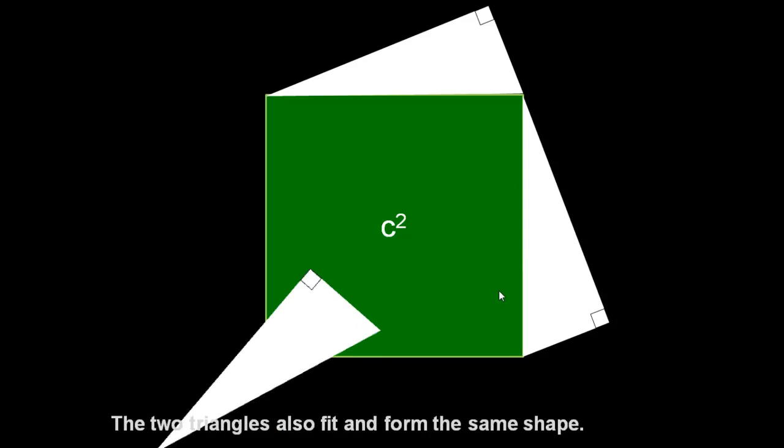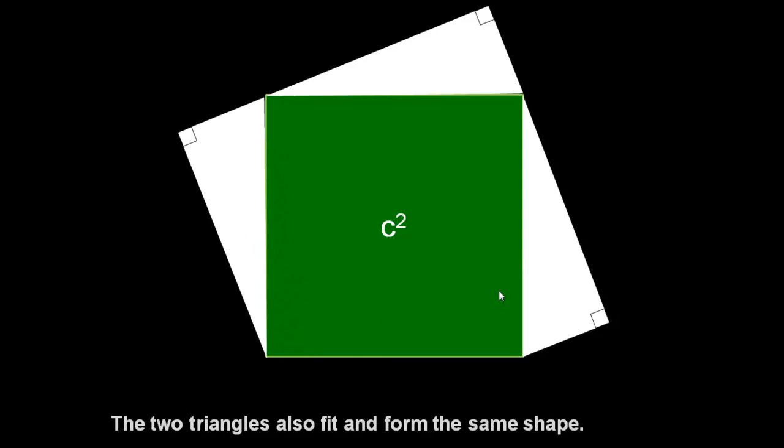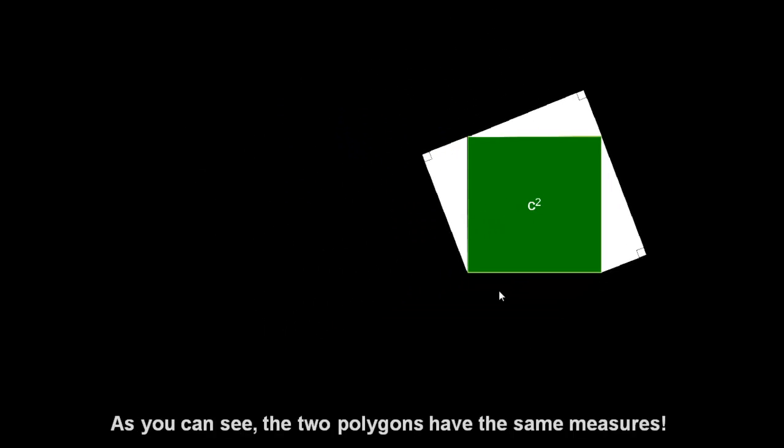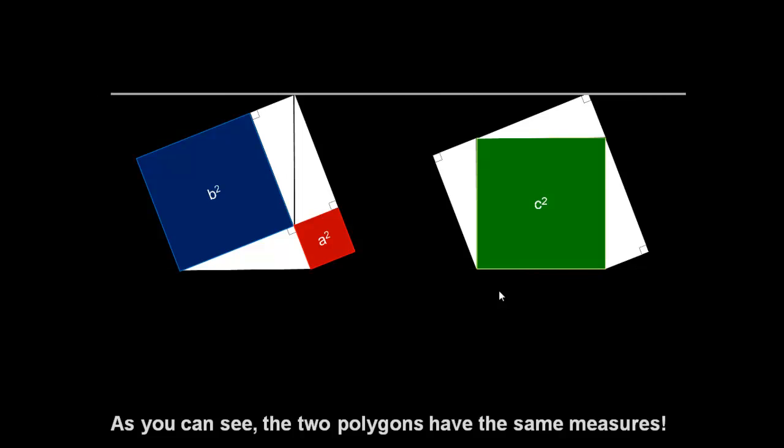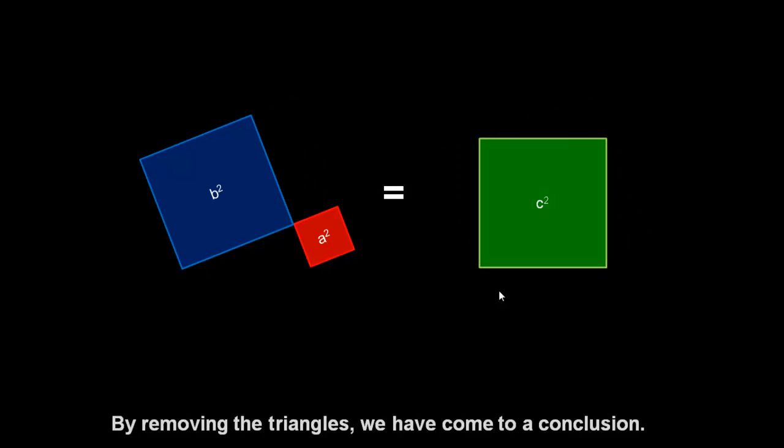So they again clearly fit our rectangle space, and as you can see, these polygons have the same measurements, and these polygons are exactly the same in shape and size. By removing the triangles, we get the original theory, which is A squared plus B squared equals C squared.